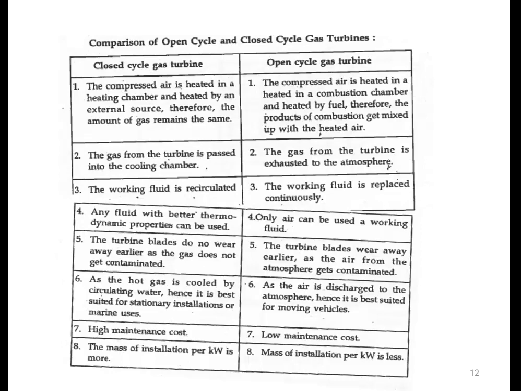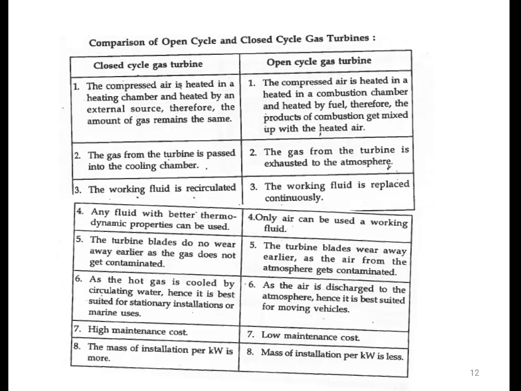In the closed cycle, the complete cycle is closed in the schematic diagram. That means whatever the working substance is, it is continuously recirculated and repeated. But in the open cycle, air enters the compressor and the exhaust from the turbine is exhausted to the atmosphere. That is, it is not recirculated.